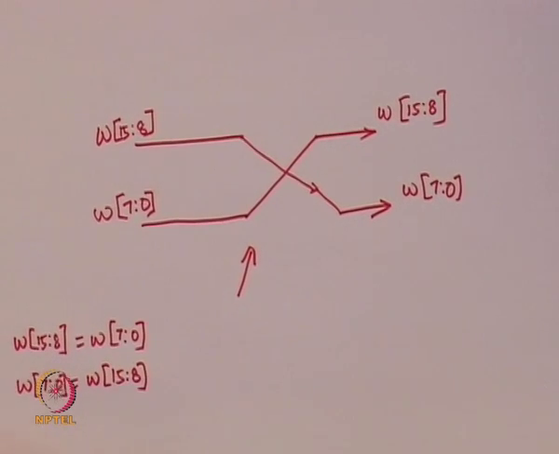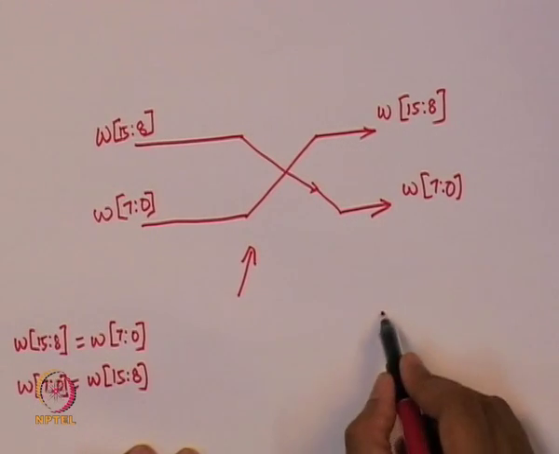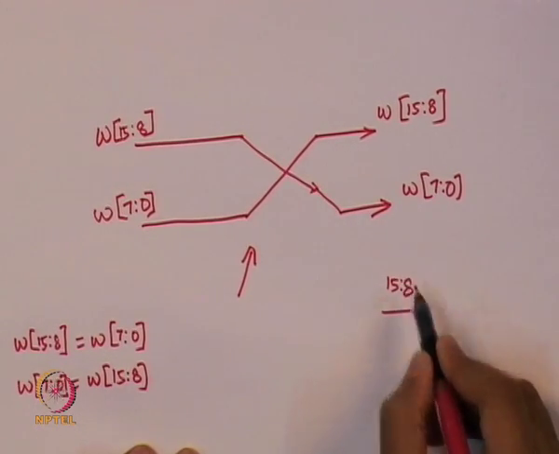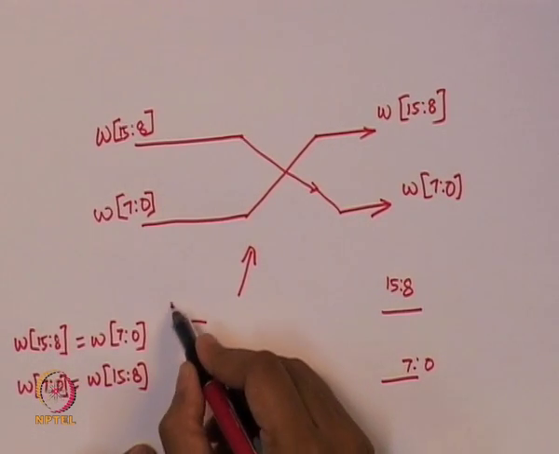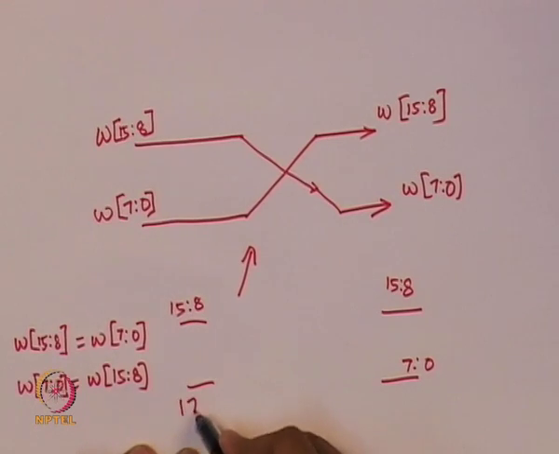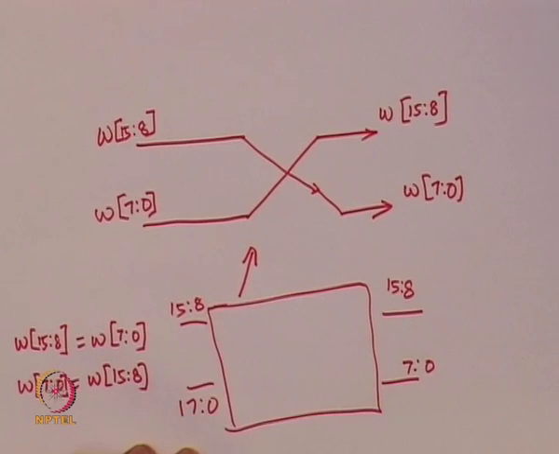Let us see the implication of this. So, this one is a blocking assignment. You want, this is the output 15:8 and this is the output 7:0, and these are the two inputs. This is 15:8 and 7:0, and we are designing a black box. We are designing a circuit for this.